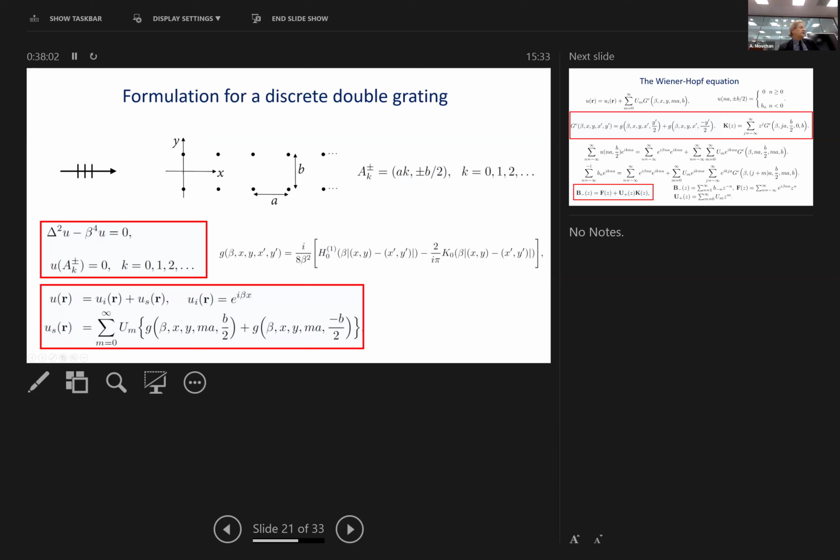And the scattered field is the sum of two sources, okay? And I do have symmetry. The u_m are unknown amplitudes, and the summation m is along this semi-infinite double grating. G is the same as before. That's my Green's function in the time harmonic regime. Okay, these amplitudes u_m are unknown.